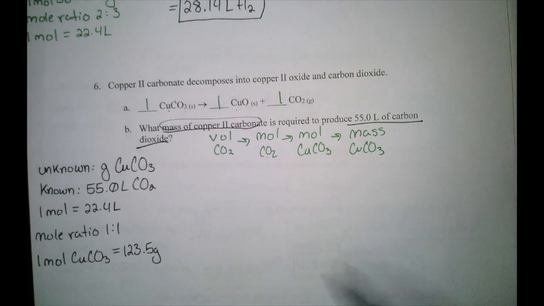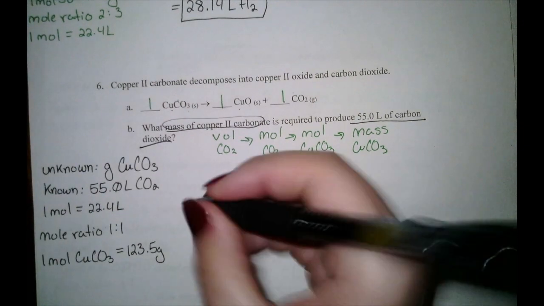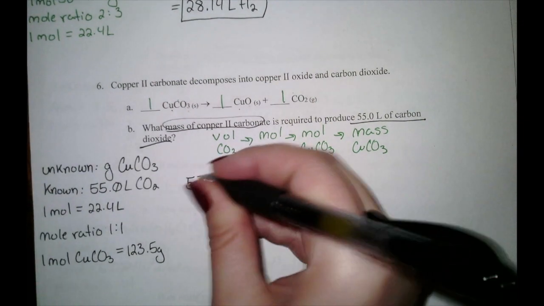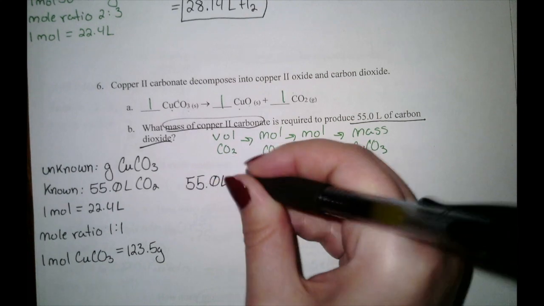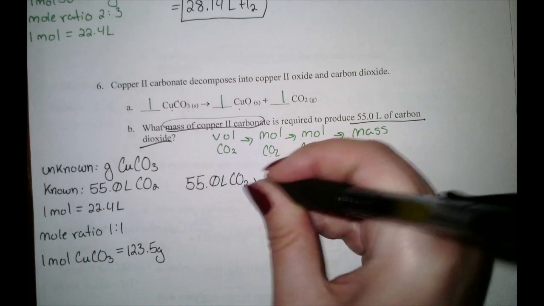Now that I have my roadmap marked out, I have all my knowns and unknown written down, let's set up the equation. Starting with my first known, my 55.0 liters of carbon dioxide.